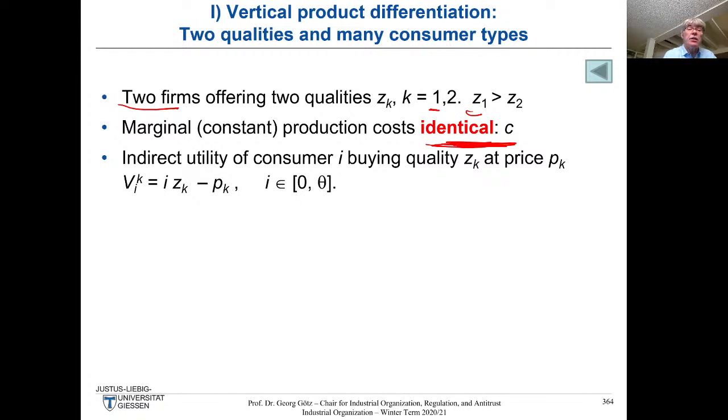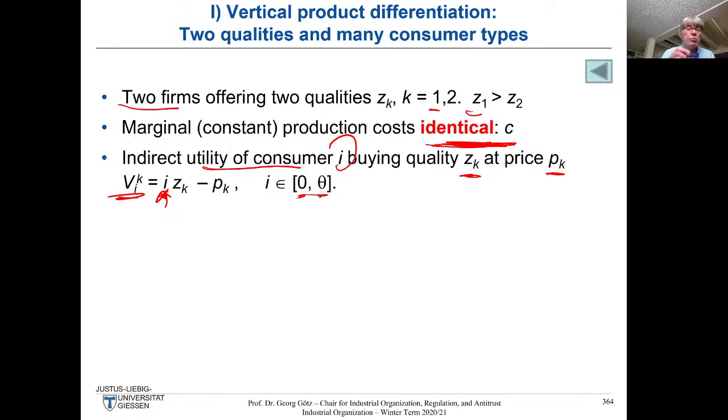And again, same kind of indirect utility function we had up there, of our consumer i who buys quality ck at a price pk. So this i index is in a sense the willingness for quality, and this is uniformly distributed between 0 and theta, where this might be something like your income.